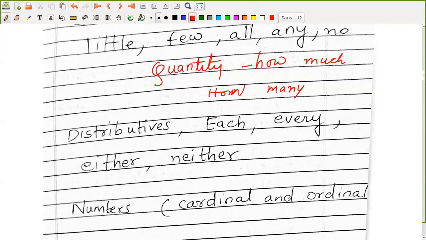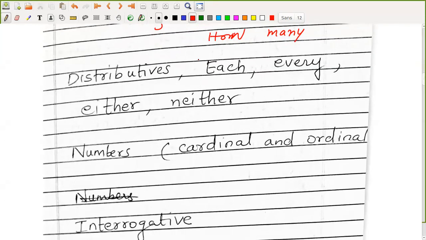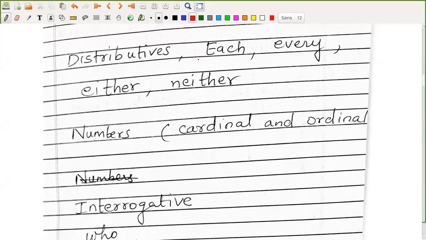Then distributives. Distributives examples are each, every, either, neither. Each means all the members of a small, similar group.